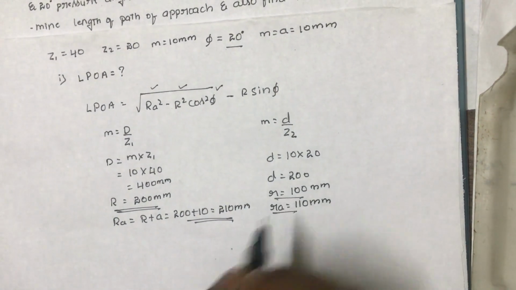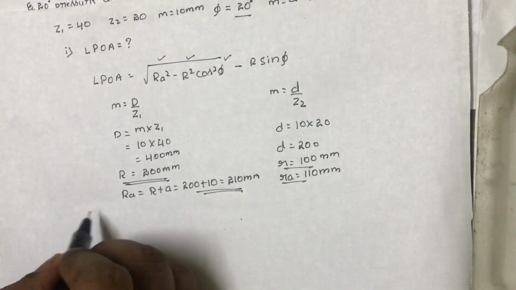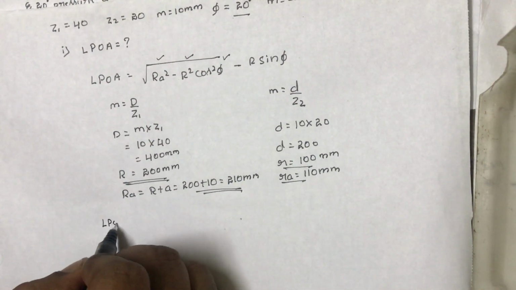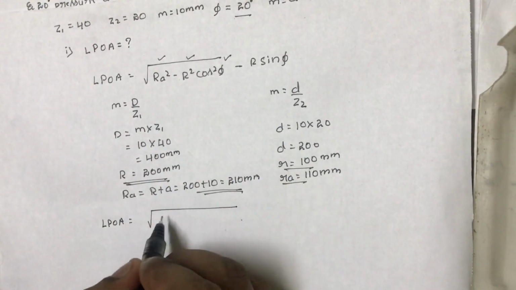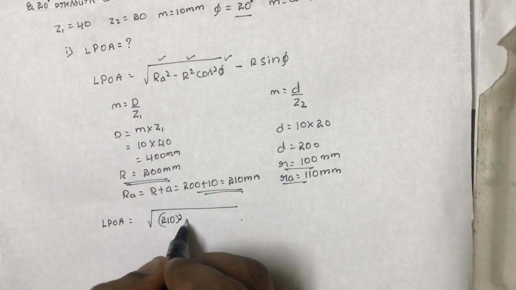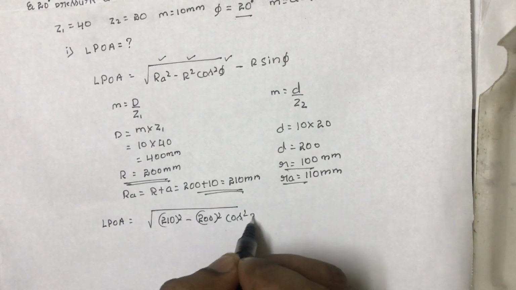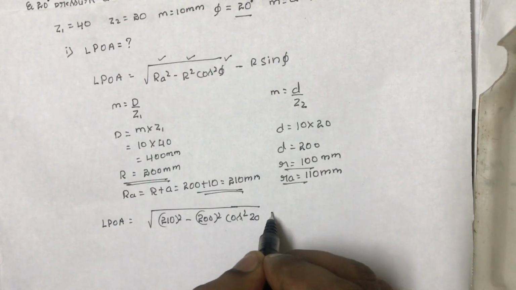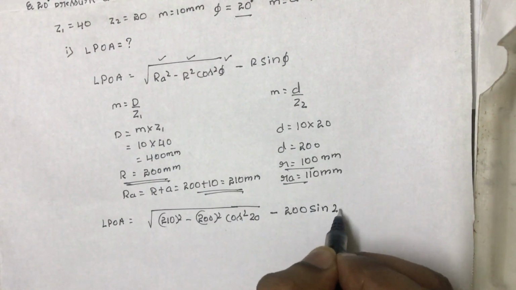Okay, so after calculating these two values, I'm going to find out LPOA. So LPOA is equal to square root of RA, means it is 210 square minus 200 square cos square 20, correct, minus 200 sin 20.